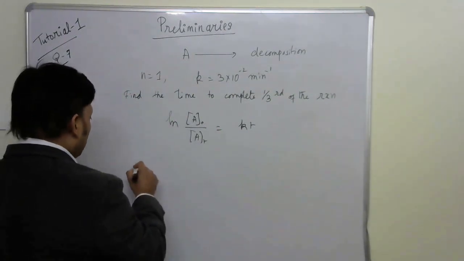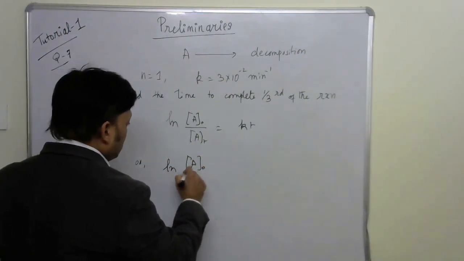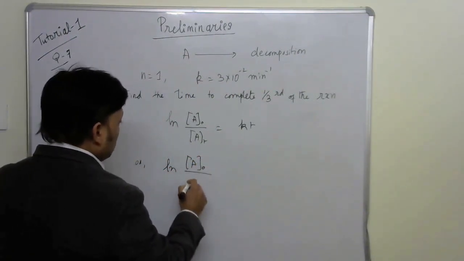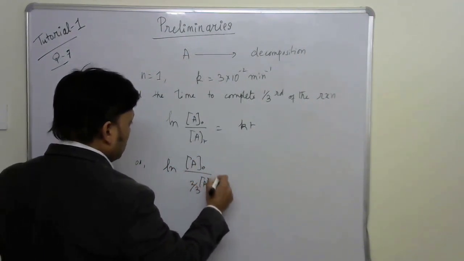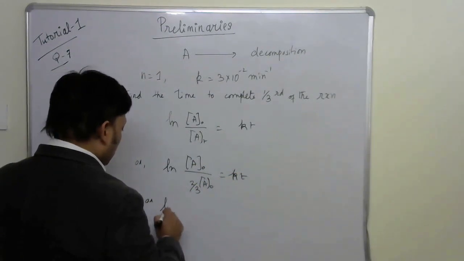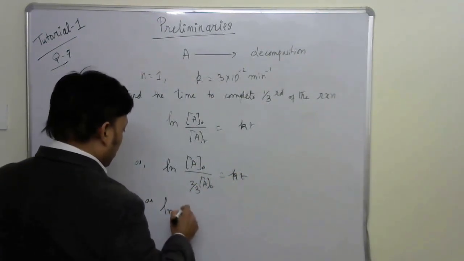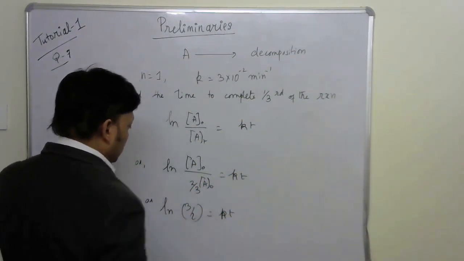That was the only trick. So in terms of A t, we have 2/3 of A naught, and the expression becomes natural log of 3/2 is equal to Kt.